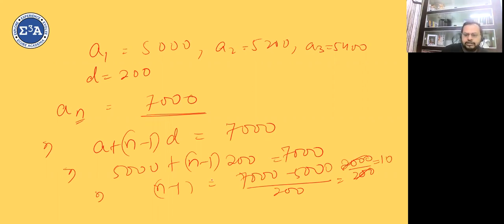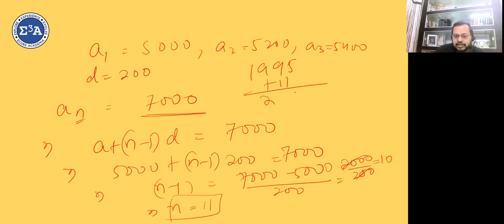So N minus 1 is equal to 10, which implies that N is equal to 11. So in the 11th year, if you add 11 years to 1995, that is 2006. In 2006 his salary will be 7,000 rupees. Thus in the 11th year of his service, Subha Rao received the annual salary of 7,000 rupees.